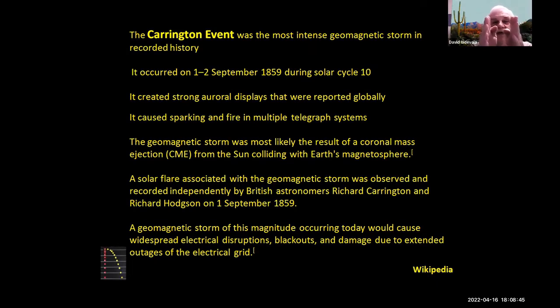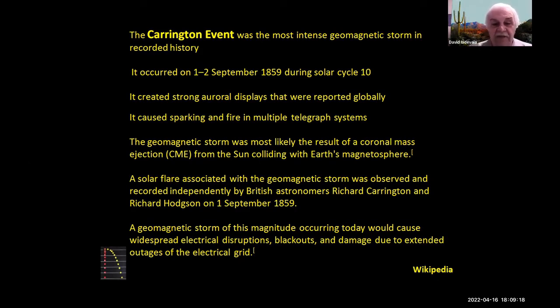So to get the maximum effects of these coronal mass ejections, everything is in line. You can get some tangential stuff, but the big ones are going to come straight at you and hit you straight away. So there were strong auroral displays reported around the world, sparking and fire in multiple telegraph systems. Very interesting. Telegraph operators were getting shocked as a result of the induced voltages in these long wire telegraph systems.